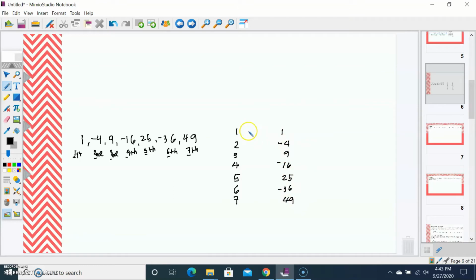Meaning, there is a correspondence, or let's say a mapping: itong 1 nakamap siya kay 1. Ito, naka-associate siya kay negative 4, si 3 kay 9, si 4 kay negative 16, si 5 kay 25, si 6 kay negative 36, and then 7 to 49.